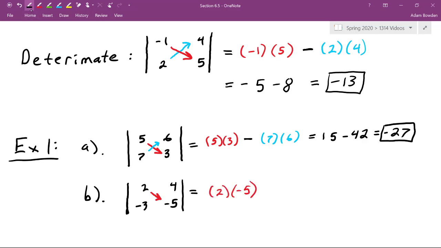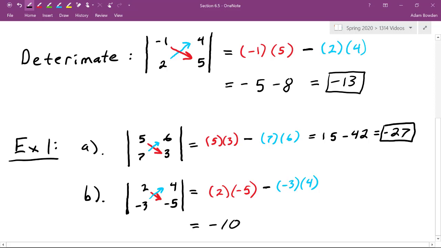And then the next thing is we subtract the next two numbers, the negative 3 and the 4 multiplied together. So that would be equal to negative 10 minus negative 12, or plus 12. So that would be equal to positive 2.